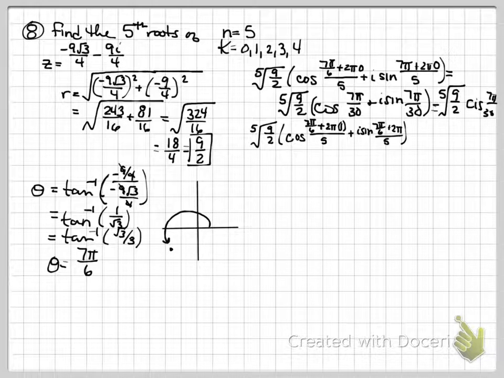And that's going to equal the 5th root of 9 over 2, and I'm just going to use my abbreviation here because this, again, is not going to be on my unit circle. Well, if I want to simplify the 7 pi over 6 plus 2 pi divided by 5, I'm going to do 7 pi over 6 plus 12 pi over 6 divided by 5. That's going to give me 19 pi over 6 divided by 5, and that's going to end up being 19 pi over 30. So I can just put that here.